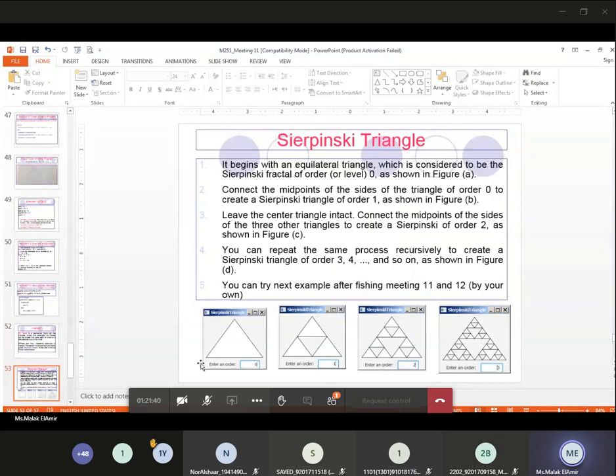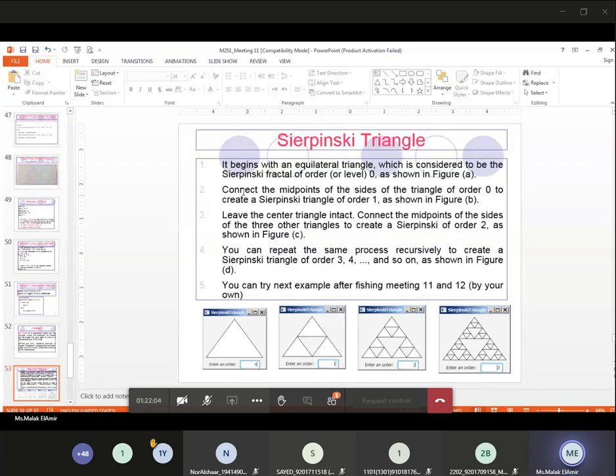You have this triangle. I'm going to start with a triangle. How many triangles do we have here in the second one? Each triangle, you are going to divide it into small ones. So it begins with the equilateral triangle.